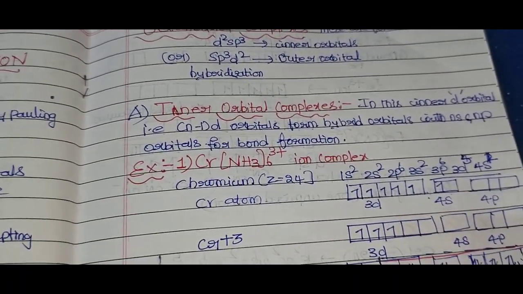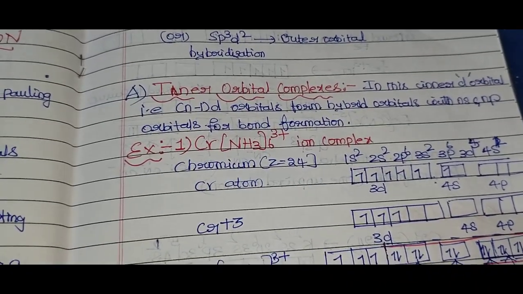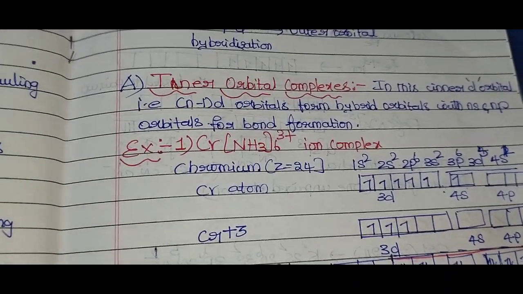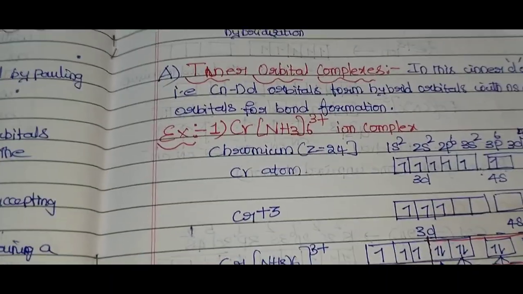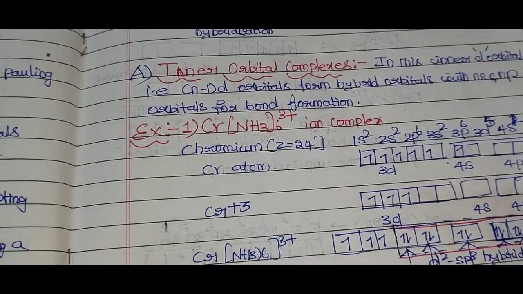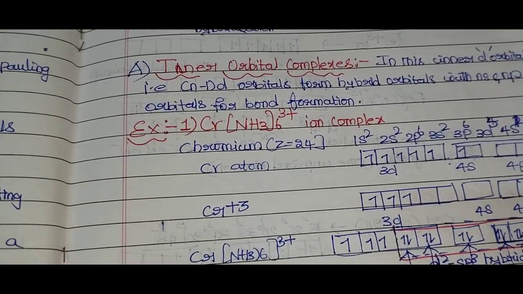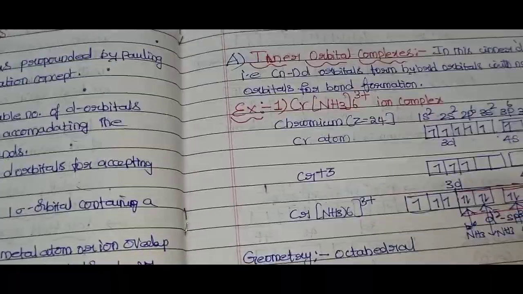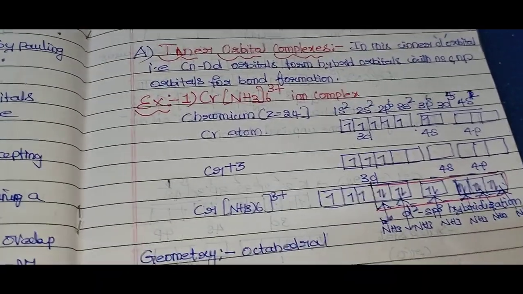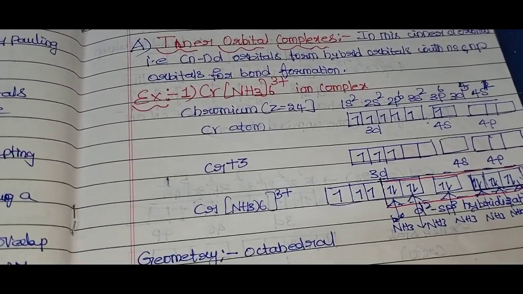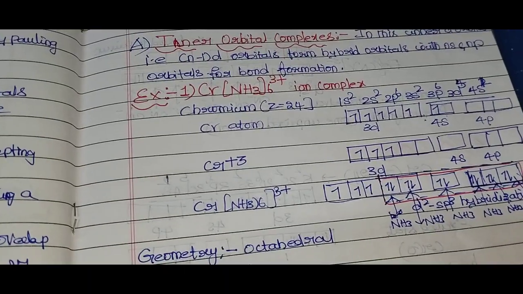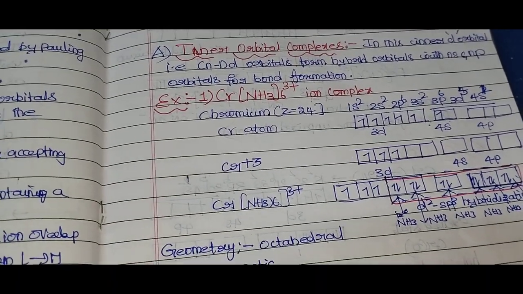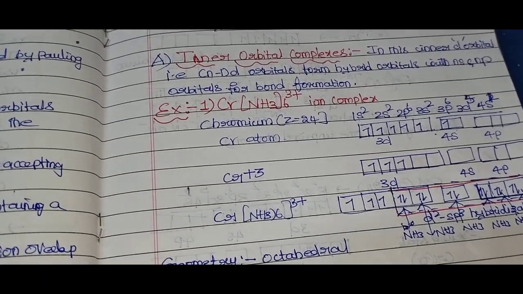First, inner orbital complexes: here the inner (n-1) d orbitals form hybrid orbitals with ns and np orbitals for bond formation. Now let's see the examples. If we understand the examples, we will understand the content very easily, so don't skip, and listen to all the examples up to the end.